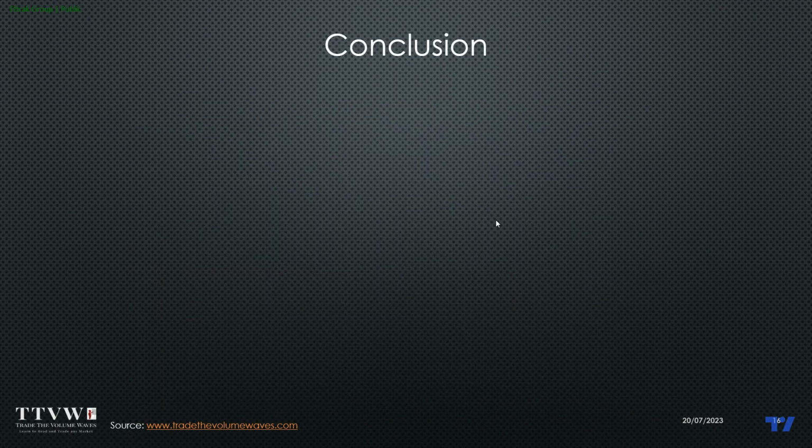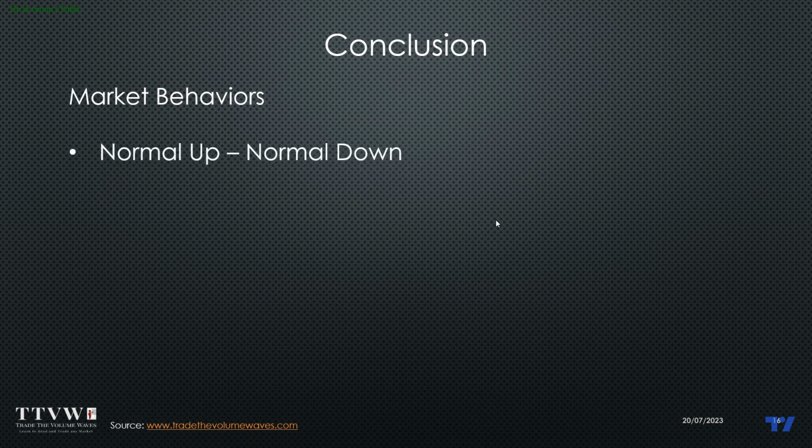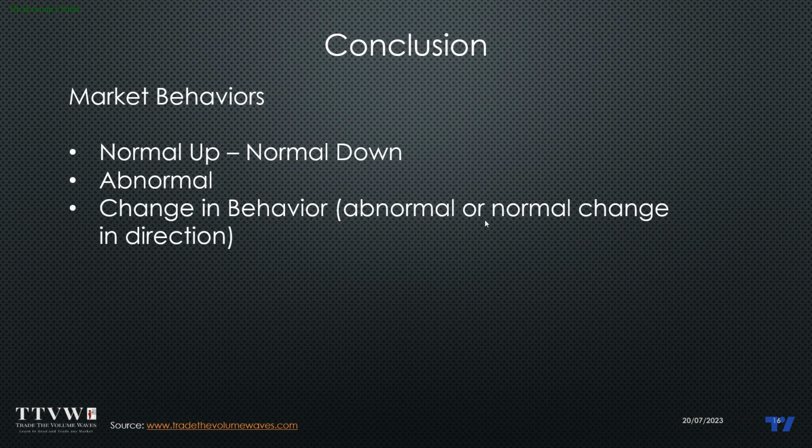Let's continue. The conclusion. Market behaviors: we have a normal up and a normal down. We have abnormal behavior of the market, and we have change in behavior, going from abnormal to normal or from normal to abnormal. We got these changes.